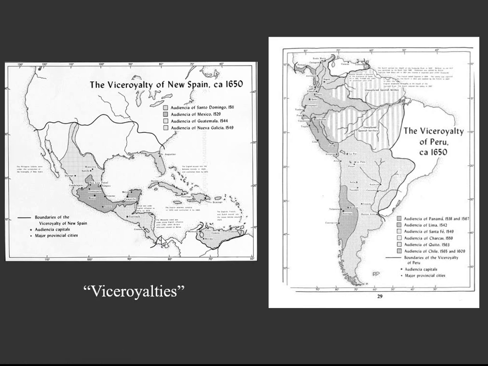That would include today's Mexico, parts of Texas, reaching up into North America, Florida, the Caribbean islands, and much of what we today call Central America. Everything to the south of that line became known as the Viceroyalty of Peru. So everything from present-day Panama down into South America is the Viceroyalty of Peru.